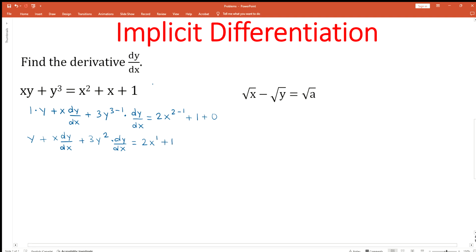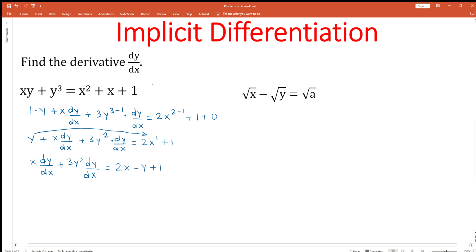Next, we should move the y term to the right side of the equation, and that will make this term negative. X to the power 1 is just x.